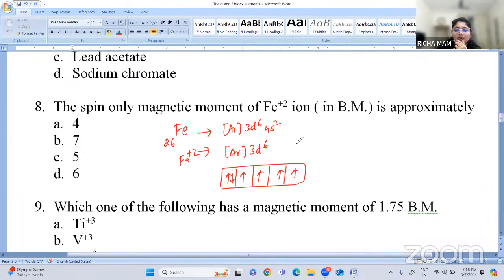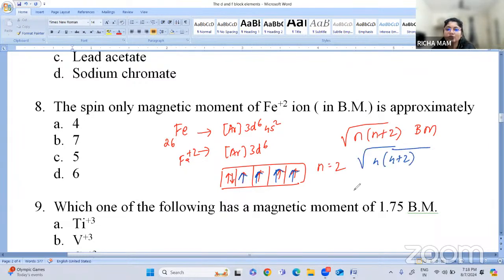Our formula is square root of n into n+2 Bohr magneton. Because there are 4 unpaired electrons, n is equal to 4. So 4 into 4 plus 2, which is 4 into 6, that is 24. Now find out the square root of 24.